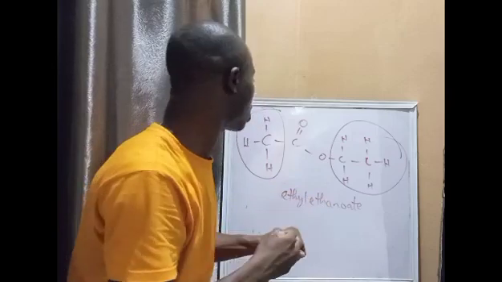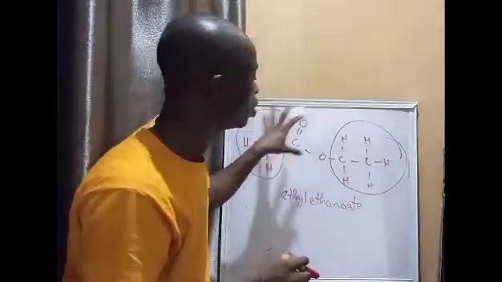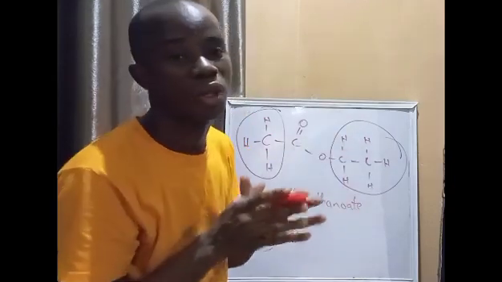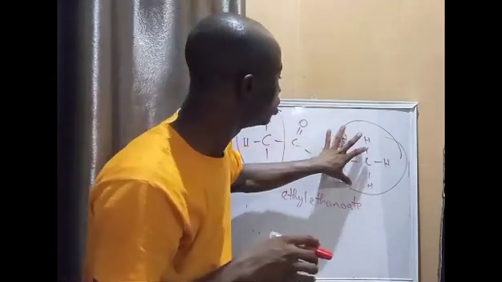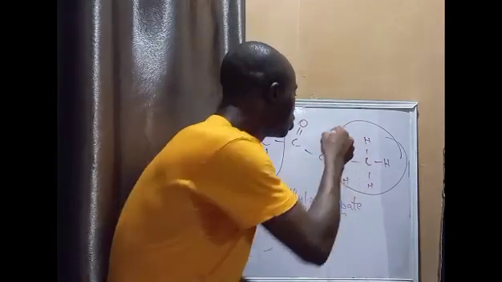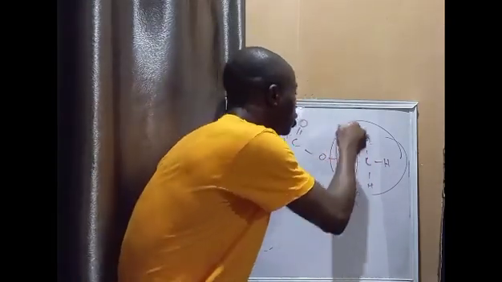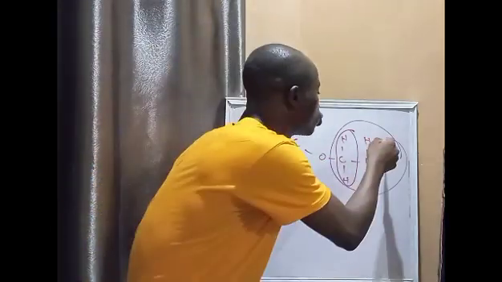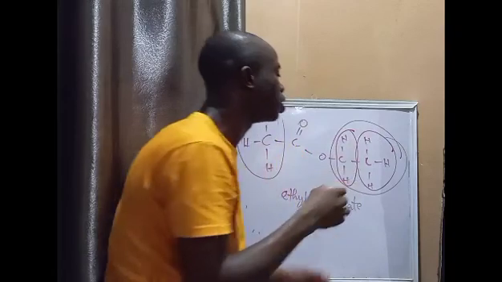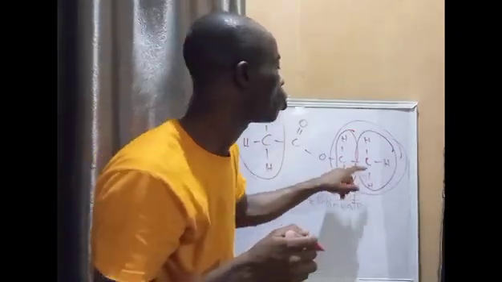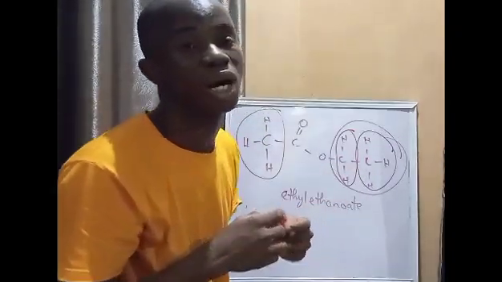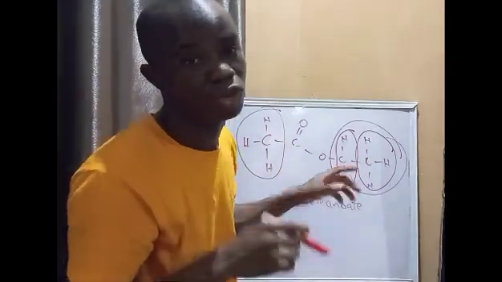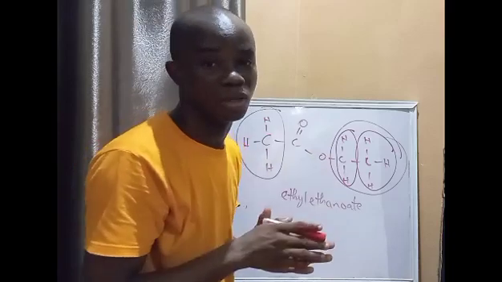So that implies that this CH3 that we have here and this ethyl group that we have here are in different chemical environments. At the same time, the two hydrogens that we have in this box are much closer to this oxygen compared to this last CH3. That also implies that these two will be in different chemical environments based on their distance from the oxygen, which is a highly electronegative element.